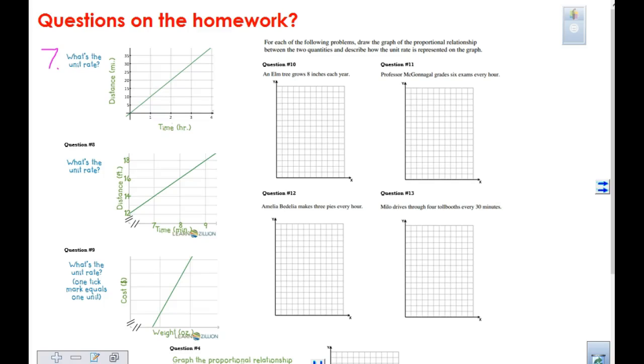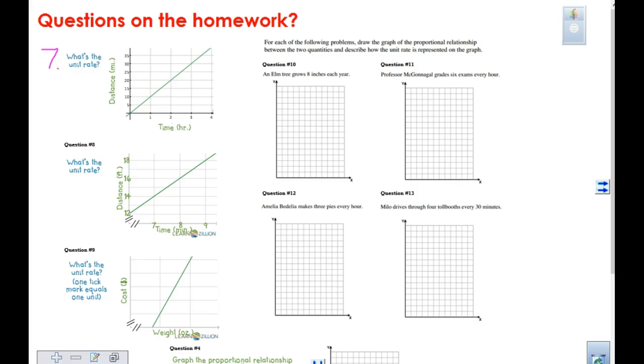We can look at some of the other questions in your homework. So number 5, if we are looking at that question. So looking at your homework, I thought if there were going to be questions, there would possibly be questions starting with number 7.